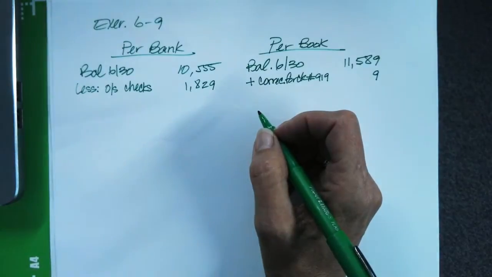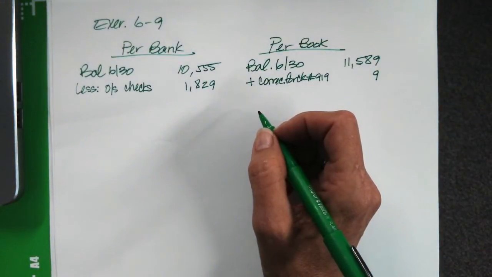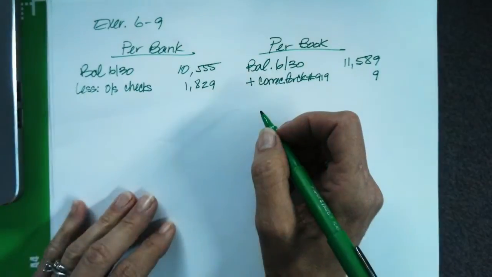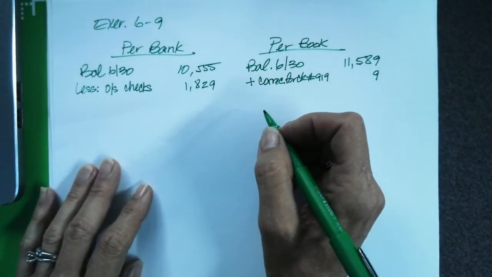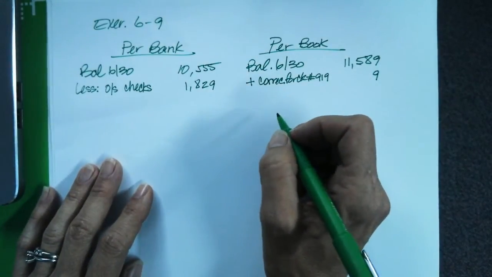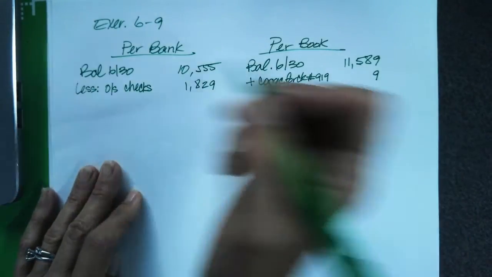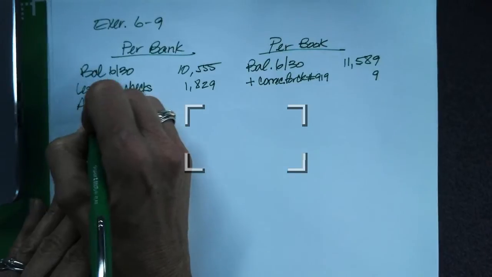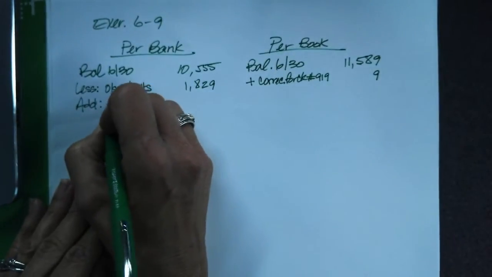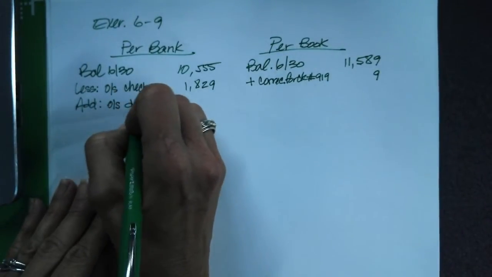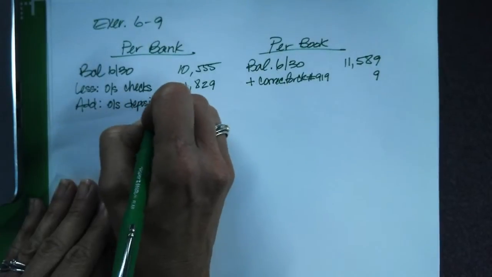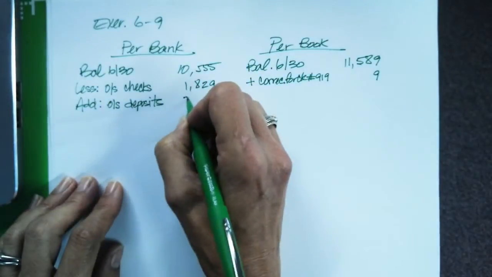So we got the money on June 30, so we went ahead and put it on our books as of June 30, but the bank doesn't know it's coming yet. It ends up showing on July 1st at the bank. So we need to add that to what the bank thinks we have. Add the outstanding deposits, $28.56.